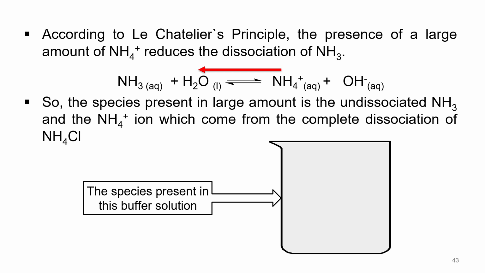So the species present in this buffer solution are ammonia as the weak base, the ammonium ion as the conjugate acid NH4+, and also OH- and Cl-. The action of a basic buffer solution.